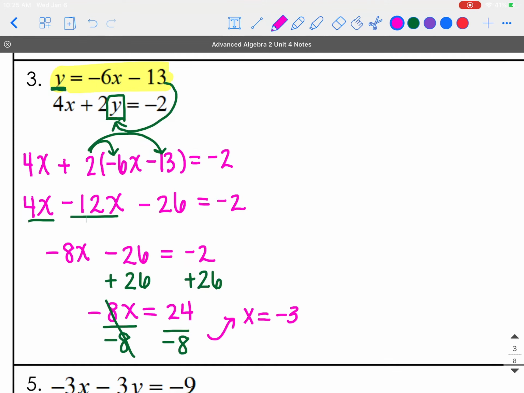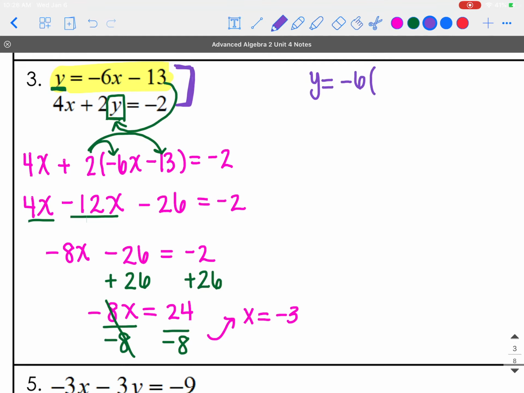Now I need to find the y. And I can pick either of these original equations, but this first one that I have highlighted, that's going to be the easier one because it's y equals. So it'll just be pretty easy. You can pretty much just plug it into your calculator. So y equals -6.